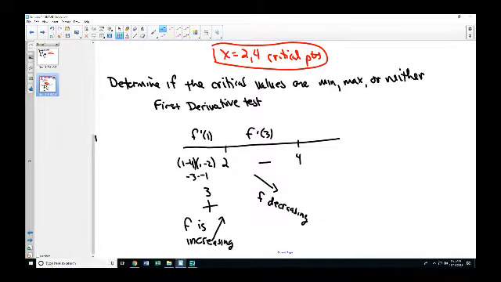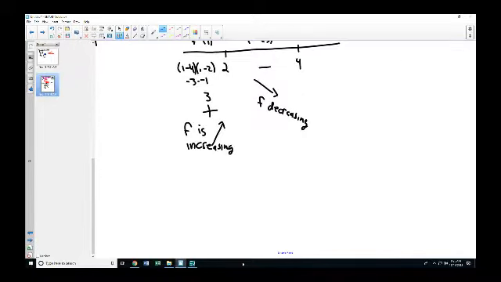So, increasing to decreasing. The critical values are a min or max. Yeah, the function goes like this, right? What we have is a function that goes like that. We have a max at x equals 2. Okay.